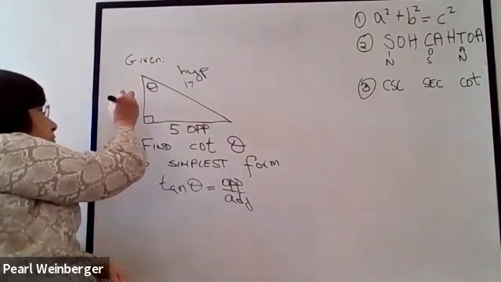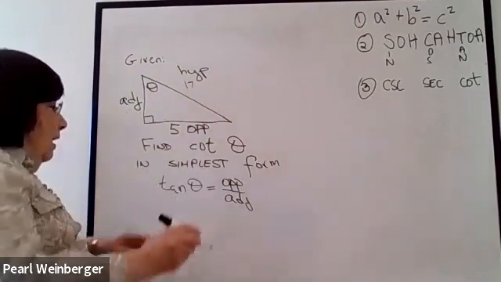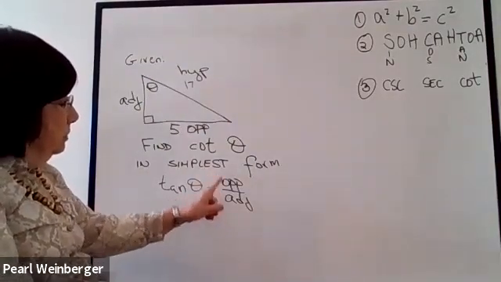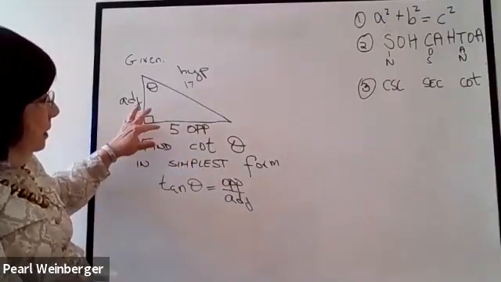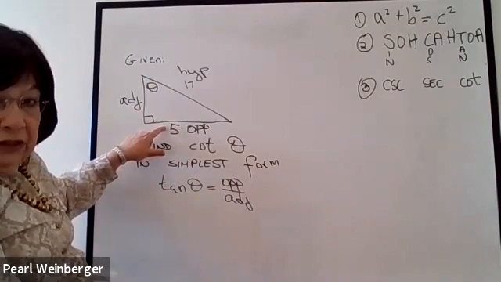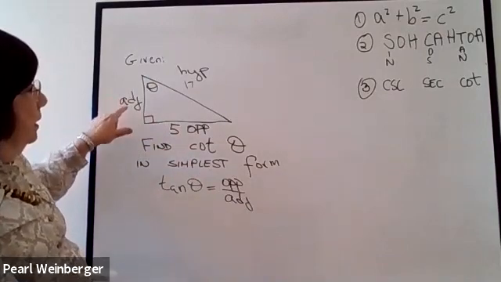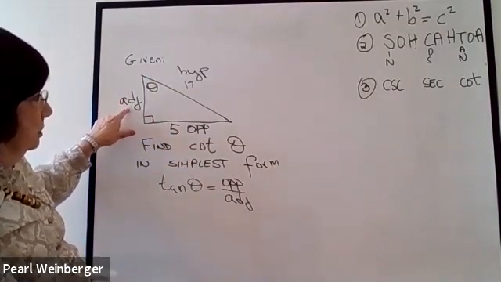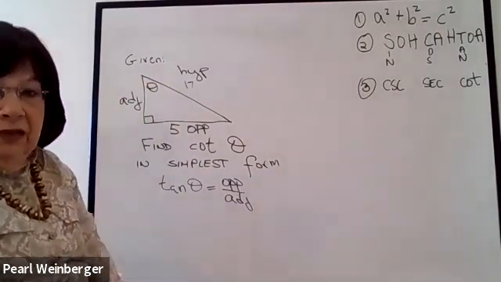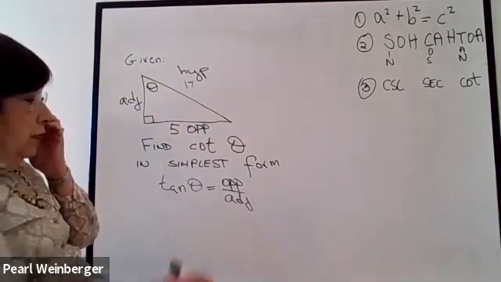This is my adjacent. And I just said that the tangent has to be the opposite over the adjacent. Now, I already know what the opposite is because I have it right here on the triangle. It says it's 5. But what I don't have is the adjacent. So the first thing I have to do is figure out what is the adjacent side of this triangle.